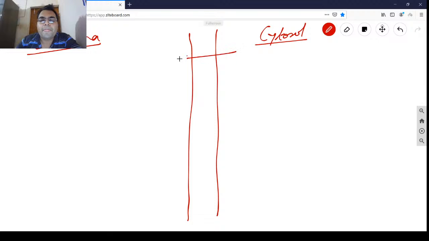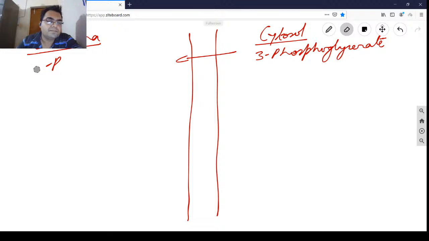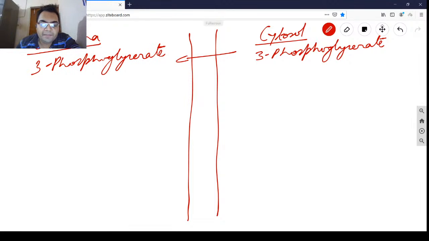Now 3-phosphoglycerate went in. When it comes in, Pi will be thrown out. Now for the 3-phosphoglycerate molecule, ATP will be used up to convert it into 1,3-bisphosphoglycerate.